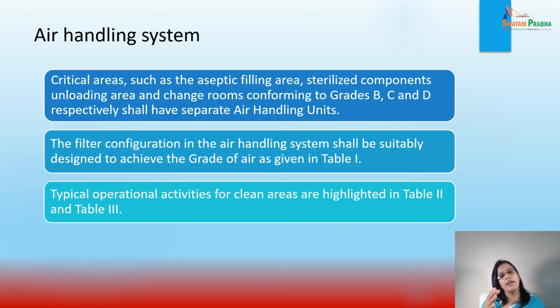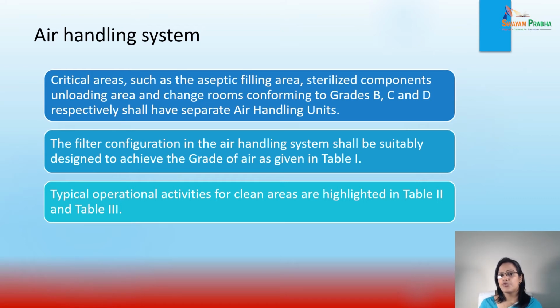That's why, if you have studied it in parenteral dosage form, the air handling system comprises preliminary filters and then HEPA filters, high efficiency particulate air filters. Okay, preliminary air filters are fitted so that the air is filtered first from the preliminary filter, and next to them the HEPA filters are there. HEPA filters are highly efficient.